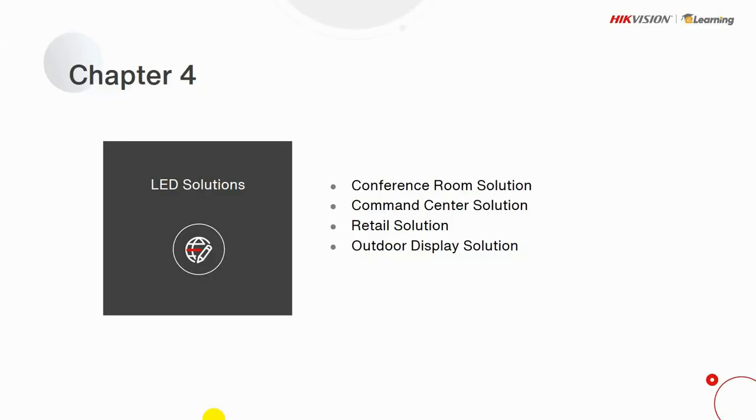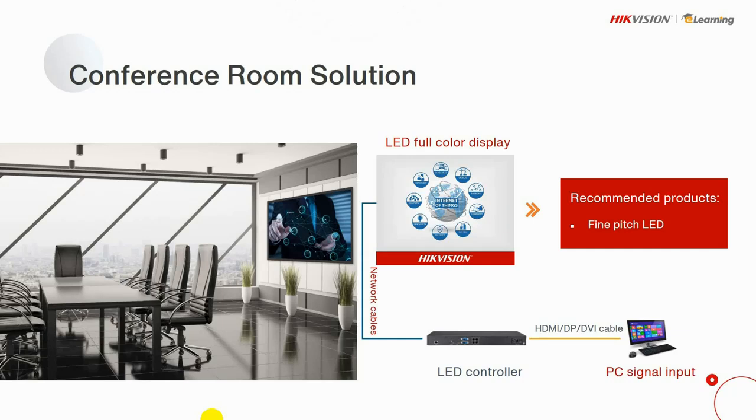So now we should have a comprehensive understanding of our LED products, not only LED screens, but also controller devices, right? We just talked about them. In the last part, we will have an overview of LED solutions. For a conference room, we don't have to use a huge LED screen. Normally, one LED controller is enough for a small conference room, right?